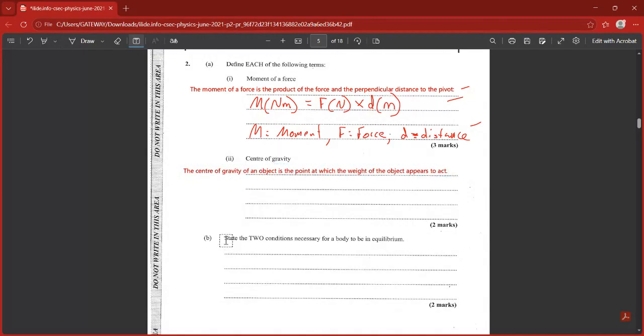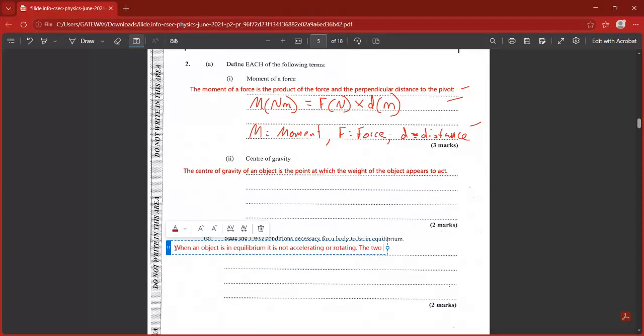Part B: state the two conditions necessary for a body to be in equilibrium. What I had for this one is, when an object is in equilibrium, it is not accelerating or rotating.